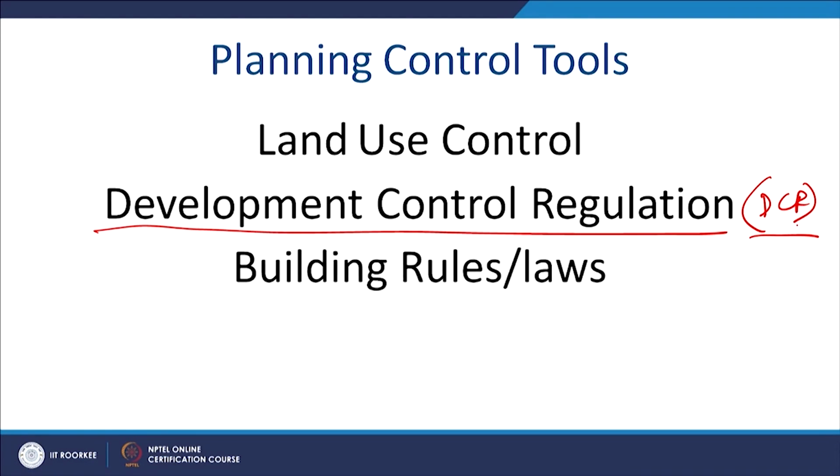Apart from the DCR, there could be building rules and laws which denote the very details of the building and the ancillary facilities or amenities, the functioning of the building, or the procedures of building plan approval.